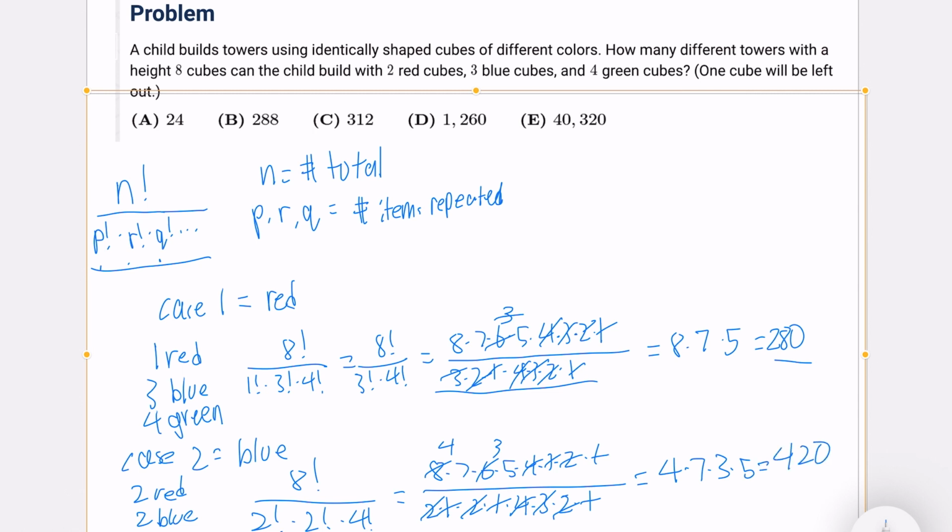Okay, so case 2, this would give us 420 total possible arrangements for excluding the blue cube.